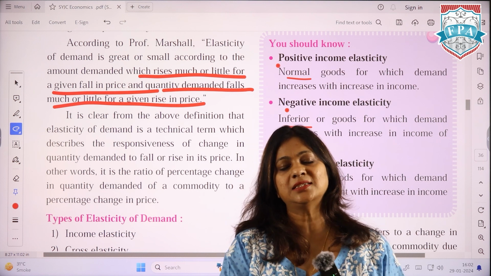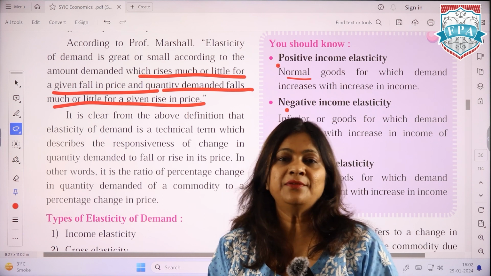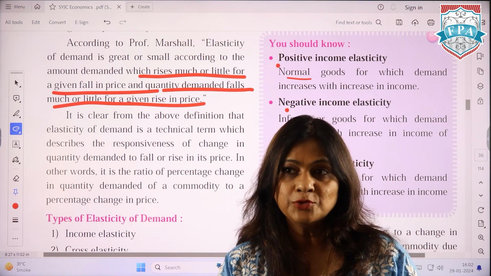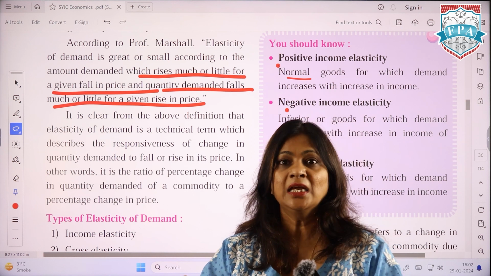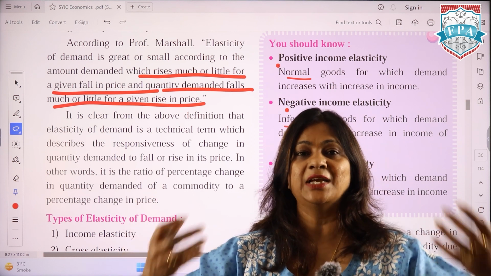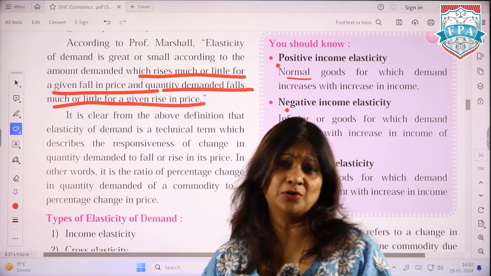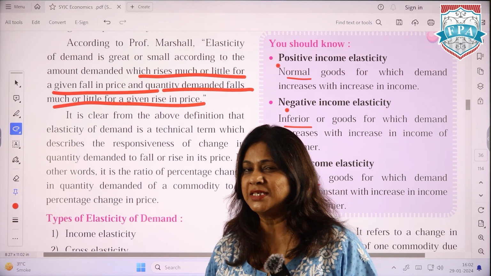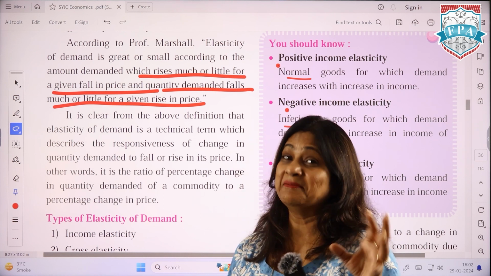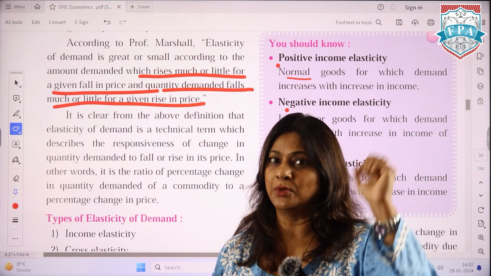Inferior goods, as I discussed in the last class, are goods which are definitely not what you want to consume. For example, wheat is something which I would like to consume, but if I cannot consume wheat then I would like to consume jowar and bajra. Although these days everybody is wanting to consume these millets to become thinner. But in economics, wheat is considered to be a superior quality good.